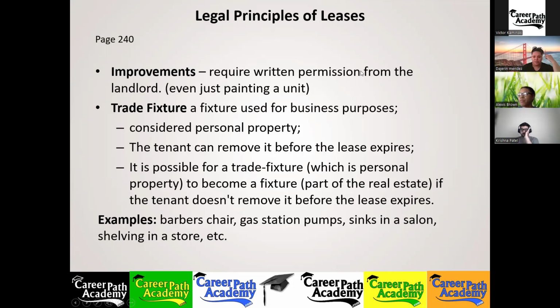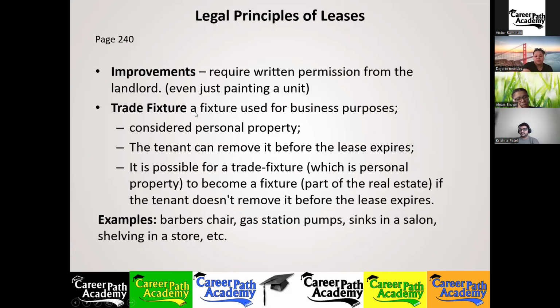If it's anything other than neutral, it's the tenant's responsibility to repaint the apartment before they leave, because future tenants may not like those colors. So if the landlord gives the tenant permission to paint it any color other than a neutral color, they're going to want you to paint it back. Otherwise, they'll take the money out of your security deposit to do it.